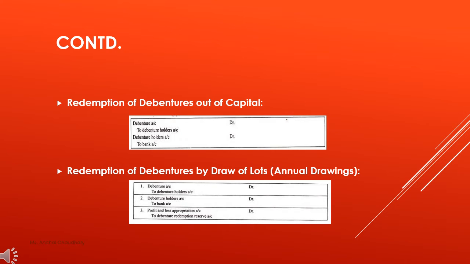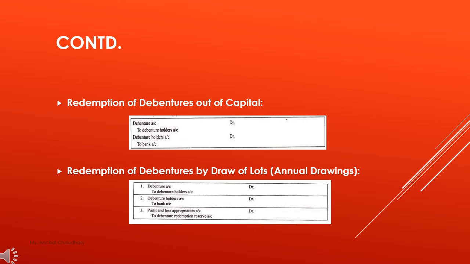Next method is redemption of debentures out of capital. Under this method, the company may dispose of some fixed assets and may use the sale proceeds for redemption of debentures. However, it is a very unusual source of finance and is rarely followed, because the company would not like to sell its assets to use the sale proceeds to redeem its debentures.